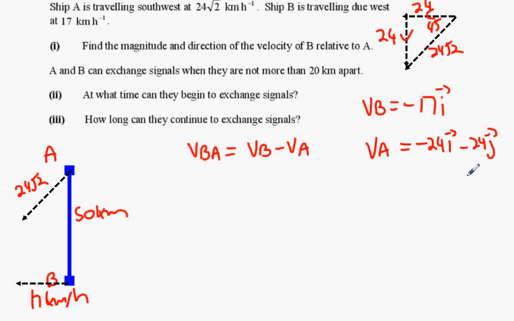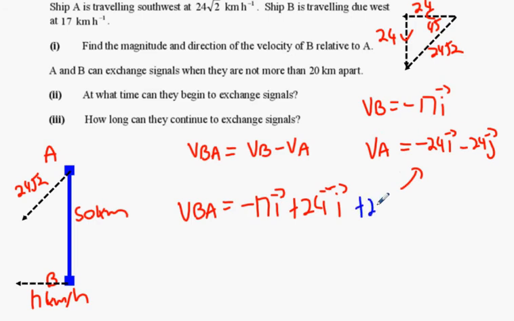Everybody alright with that? Now, v BA, therefore, is going to be v B minus v A, which is minus 17i. I'm going to multiply v A by minus 1 to get plus 24i, and my plus 24j.